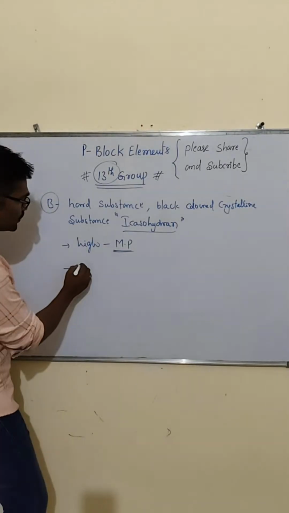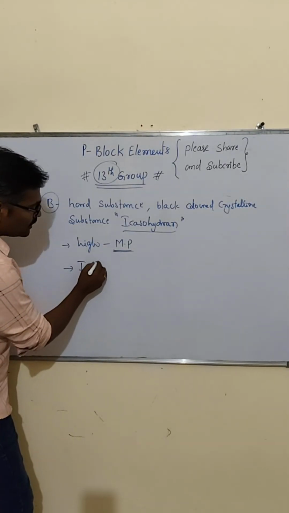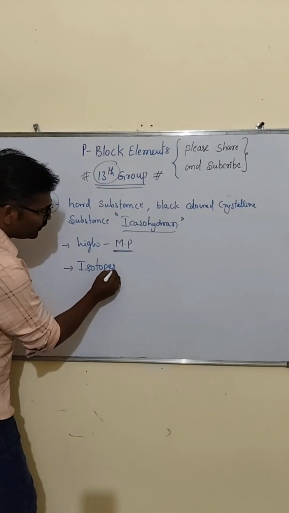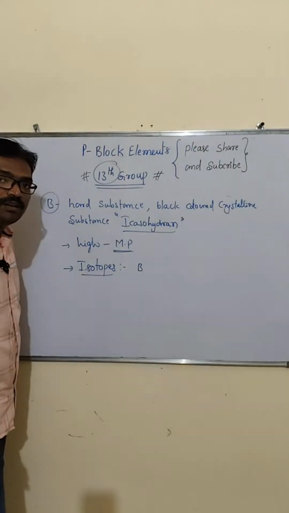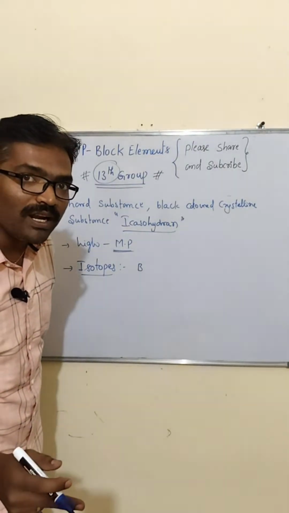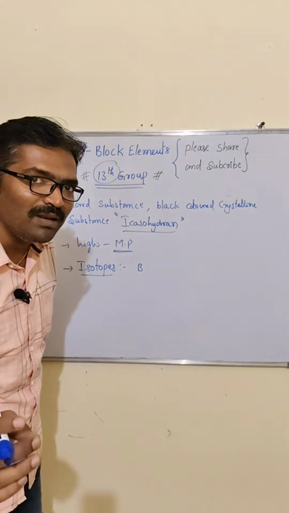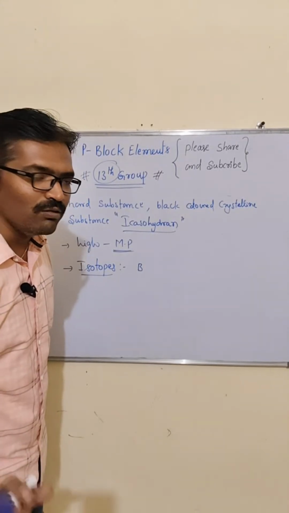Isotopes of boron: isotopes are nothing but elements with the same atomic number but different mass numbers. Everyone knows, right?